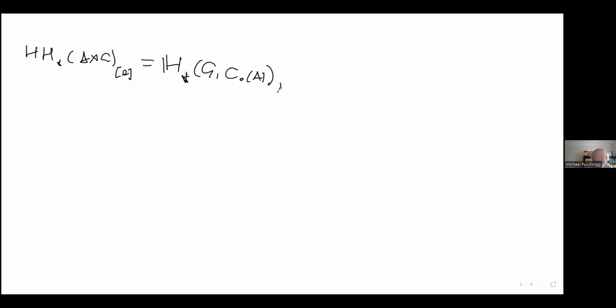And from this, you know that there is a standard procedure to calculate cyclic homology from Hochschild homology using the so-called SBI exact sequence.